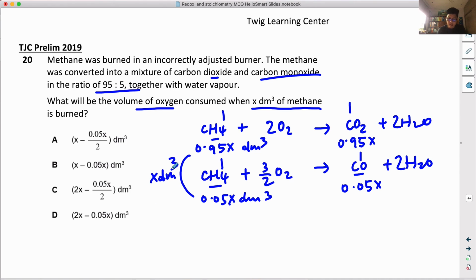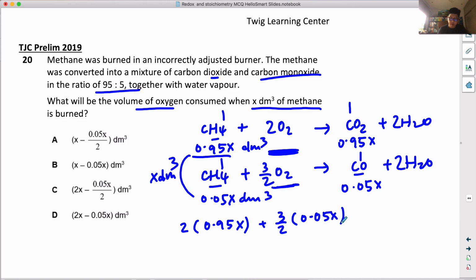So let's check. The amount of oxygen used here may be double of this. So it's going to be 2 times 0.95x, and then over here plus 3 over 2 times 0.05x. This is the volume of oxygen.